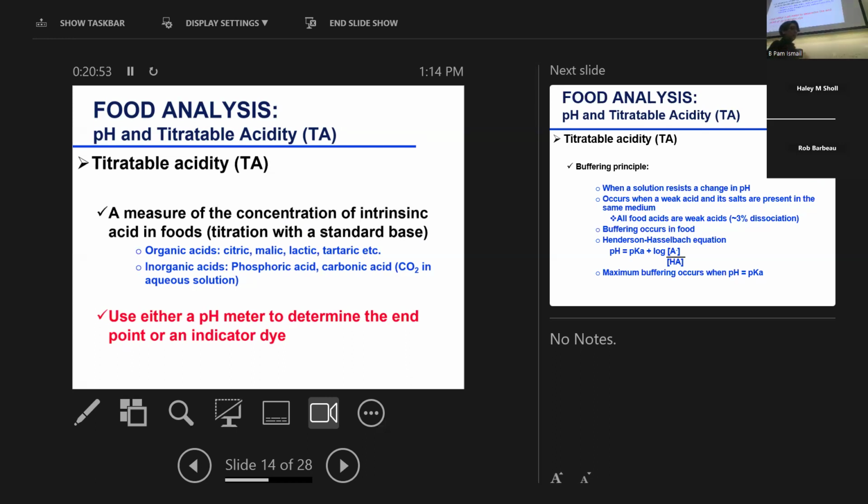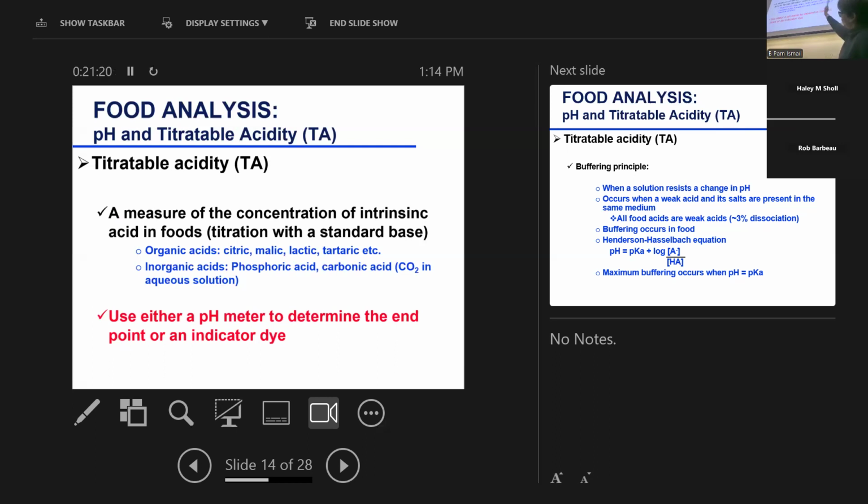In the lab, you're going to measure malic acid, which is the main acid in apples. And also you are going to do something else. What are we doing in the lab? 7-Up, was it? Carbonated beverage. Carbonated beverage has carbonic acid in it, which is an inorganic acid.